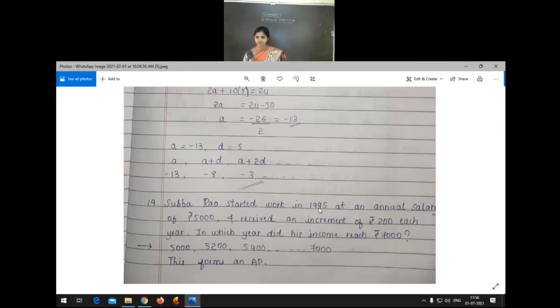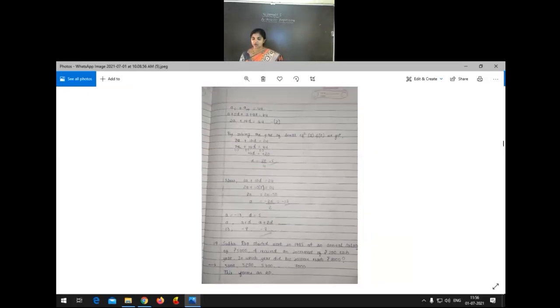Yes, that is the right way. 1995 also we have to include here. So total number of years in this complete AP we got is 11. If we calculate from 1995, we'll get 2005 as the answer. Okay, you just correct that one. n is equal to 11 is the right answer, but in the last part, adding 1995 plus 11, we have to be very careful.